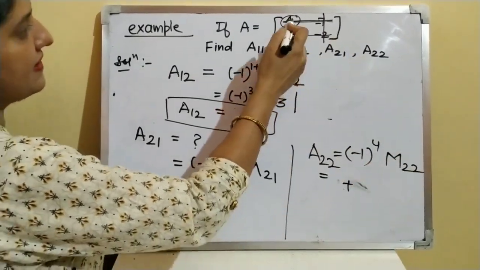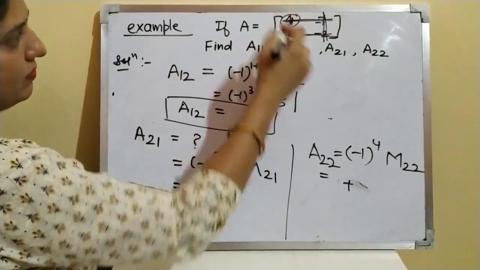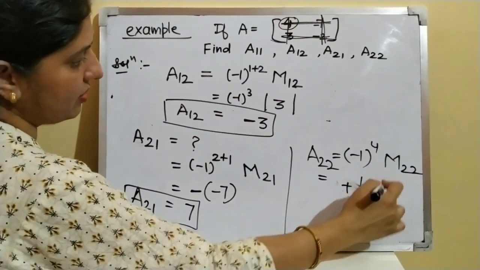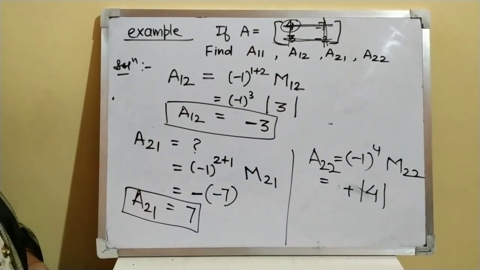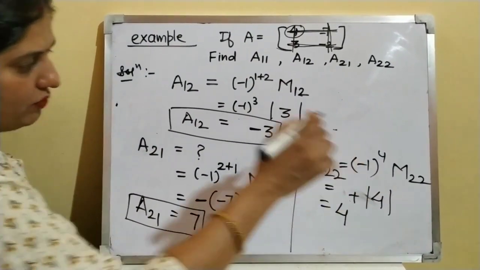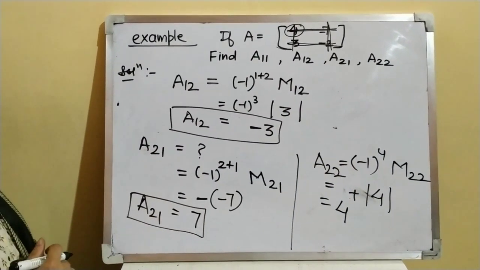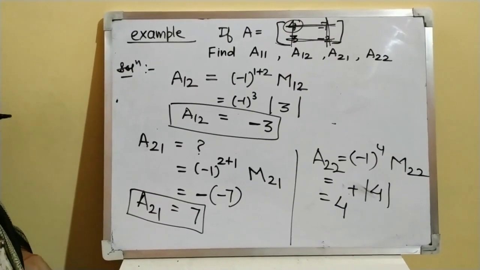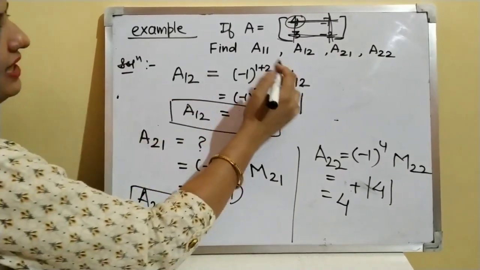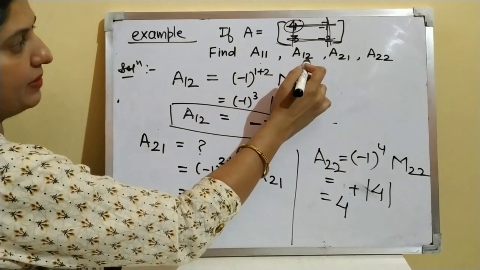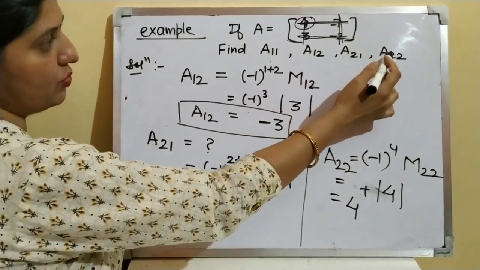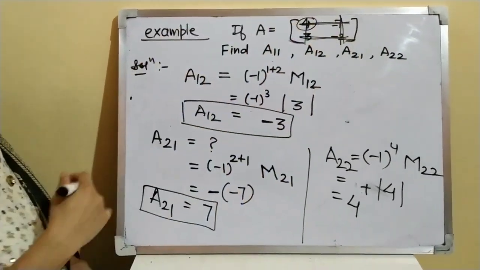M22, just delete second row and second column. Find the determinant of the remaining submatrix. We get 4. In this way, we calculate cofactors of the element A11, of the element A12, of the element A22 and of the element A21.